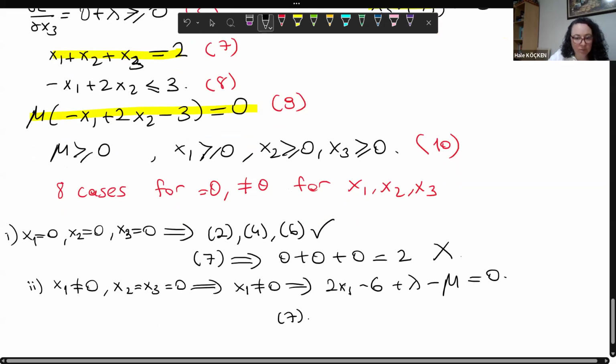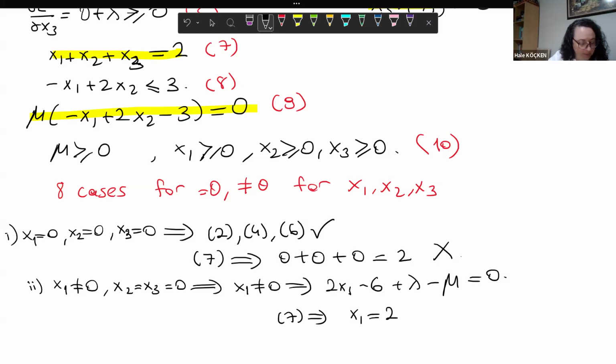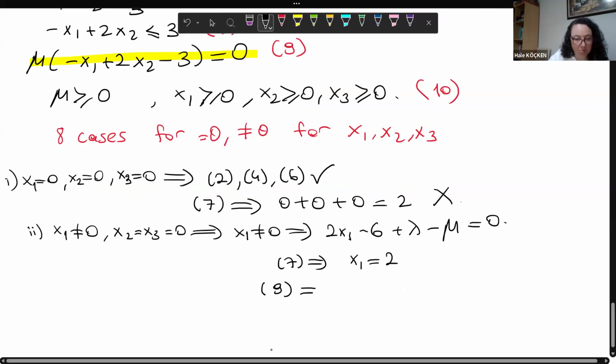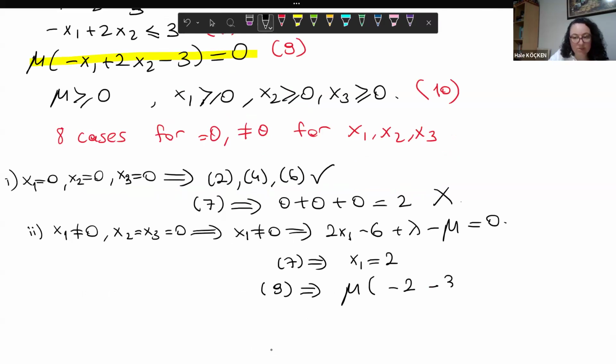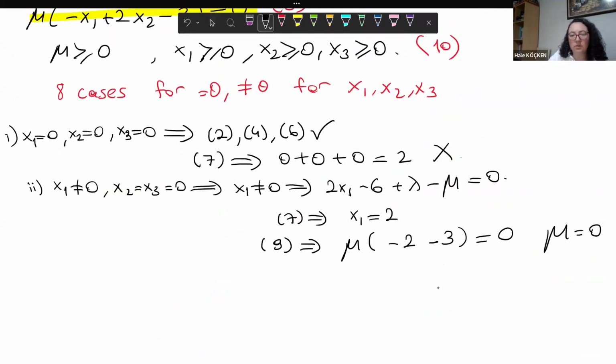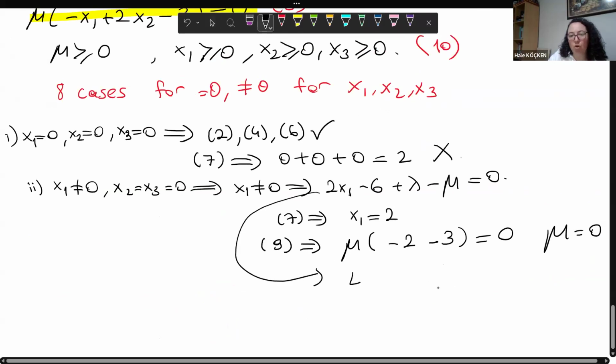From 7, since both of them are 0, x1 is 2. Let me write the ninth equation. I don't know what will happen there. Mu times (minus x1 minus 3) is 0. Then it tells me that mu is 0. If mu is 0, then this becomes 4 minus 6 plus lambda minus 0 is 0. Then lambda is 2.